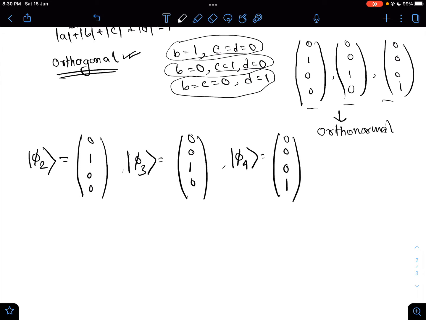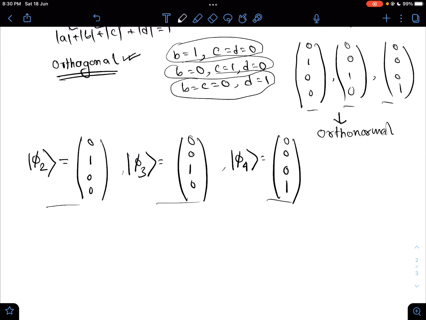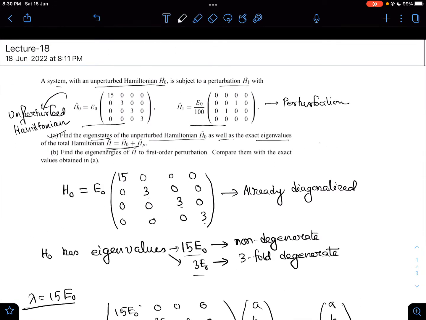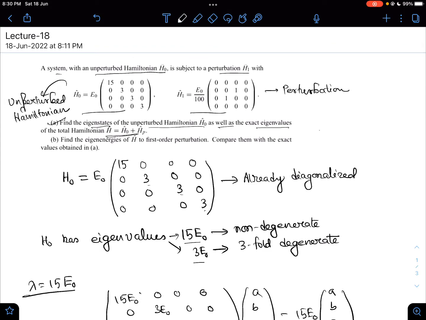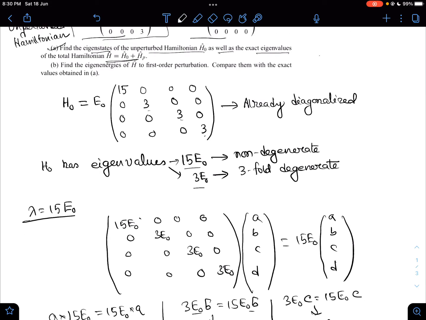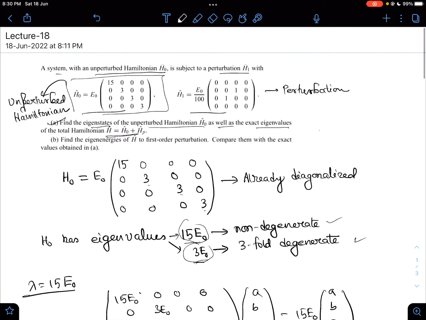This is one set of eigenvectors for this Hamiltonian, which has eigenvalues 15 E0 and 3 E0, among which 15 E0 is non-degenerate and 3 E0 has threefold degeneracy. So we found the eigenstates corresponding to the unperturbed Hamiltonian.